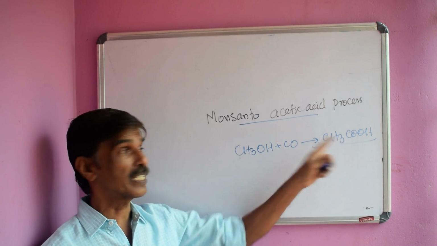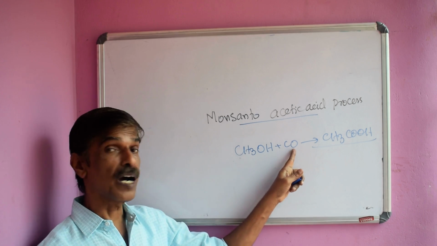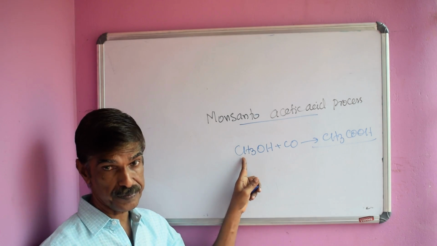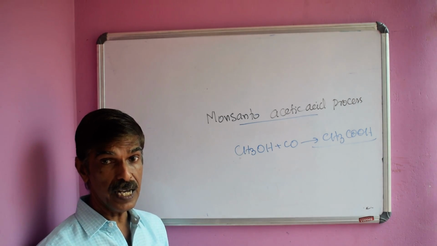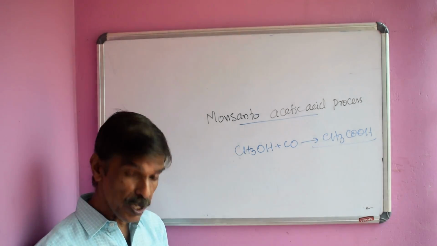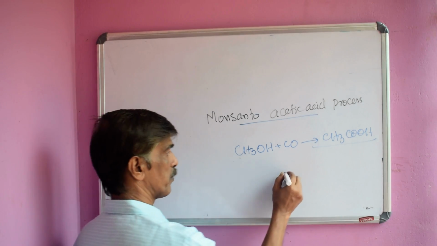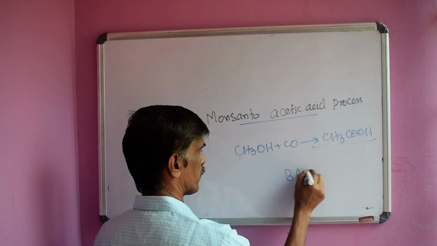The production of acetic acid from the carbonylation of methanol. The carbonylation of methanol to form acetic acid is the Monsanto acetic acid process, which was originally developed by a German company called BASF.